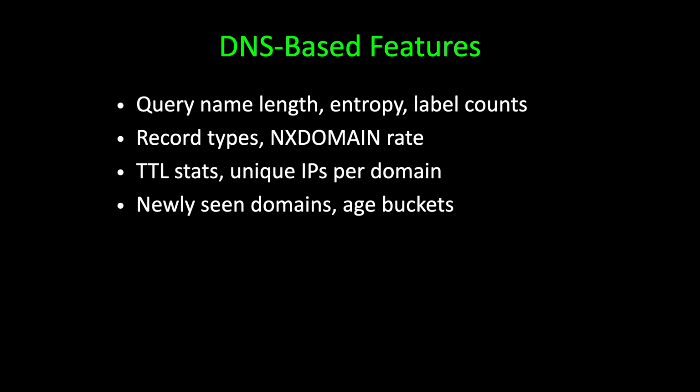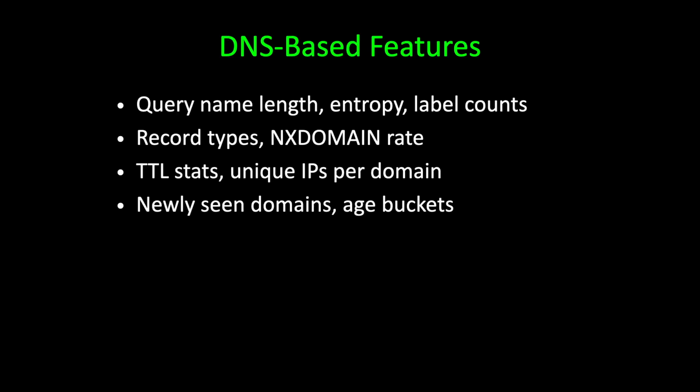Very low TTLs and many unique IPs per domain suggest fast-flux hosting, lots of changes in the hosting for that domain name. You can also track newly seen domains per host and bucket domain age using registration dates if that's available. Freshly registered domains are often riskier, especially when contacted by multiple hosts shortly after registration.